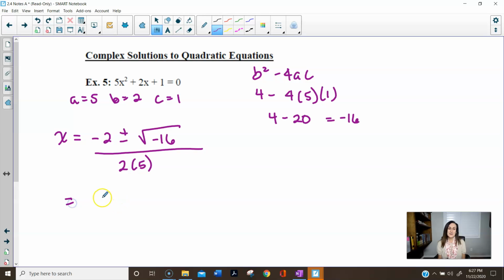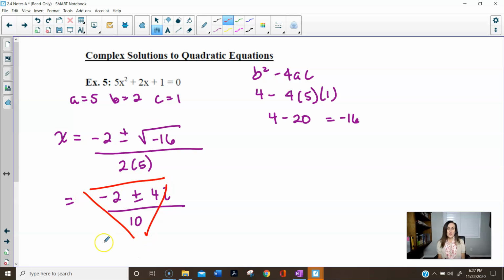All right, so simplifying, I have -2 plus or minus, well, I know what the square root of -16 is. The square root of 16 is 4. The negative underneath is what makes it imaginary, over 10. Now, you can do this little trick where you draw a triangle, and if all the corners of the triangle can be reduced, then you can reduce.